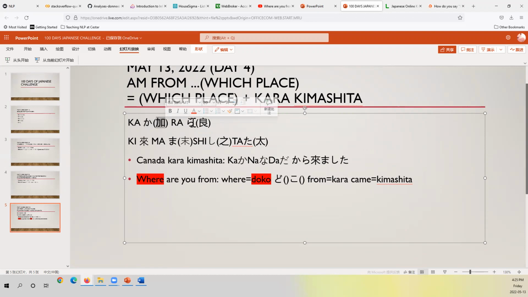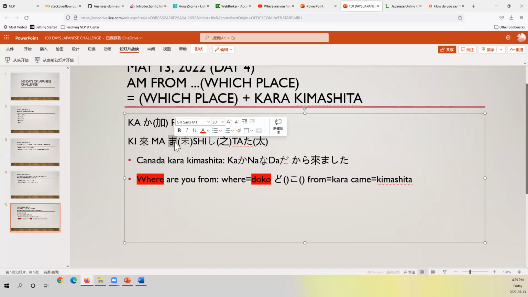And ra is, the hiragana is this, and the kanji is this. So ki is written as this in hiragana, and ma is this.